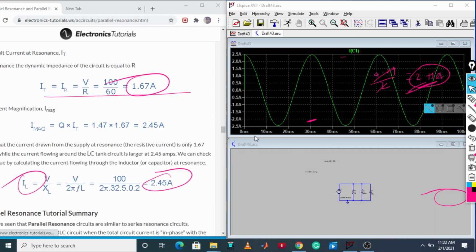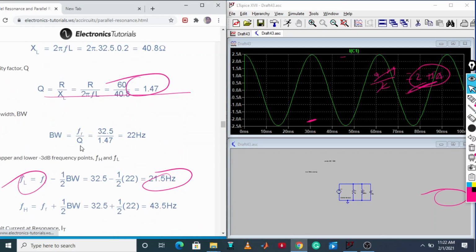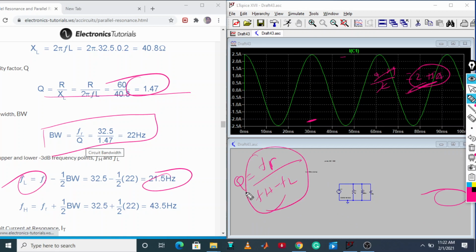We can derive the Q factor just by the formula that we used to calculate bandwidth. Our main aim was to find out the Q factor. This is how it has been taken from here. Now let me delete this one here. This Q factor is calculated by this formula: we take the resonance frequency FR divided by FH minus FL, and it will give the Q factor, which is around 1.47.